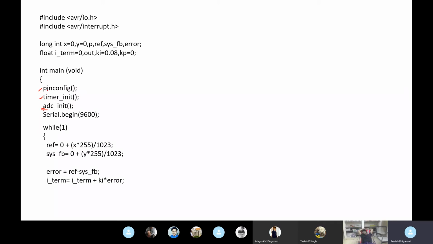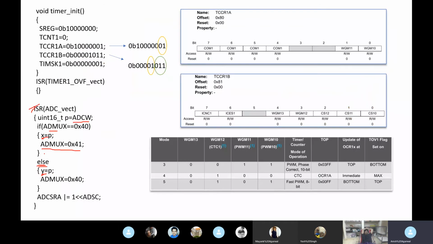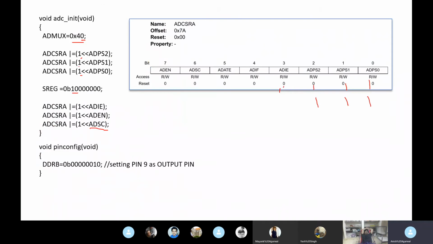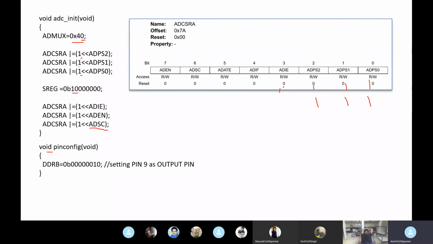First we go to the function of pin configuration. Here we have the pin configuration. This is DDRB. This B at the end stands for the B registers of the Arduino.